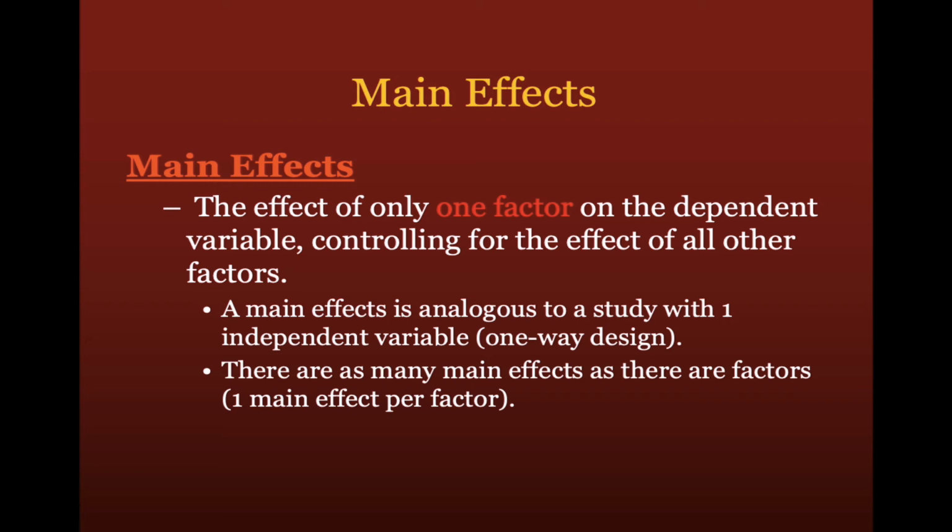So if we have a factorial design that has 2 independent variables, a main effect is the effect of one of those independent variables not factoring in any effects of the other independent variable. So this is essentially analogous to a one-way design where there's just one independent variable. So what you're doing is you're not factoring in the other independent variables, just looking at the effect of that one independent variable.